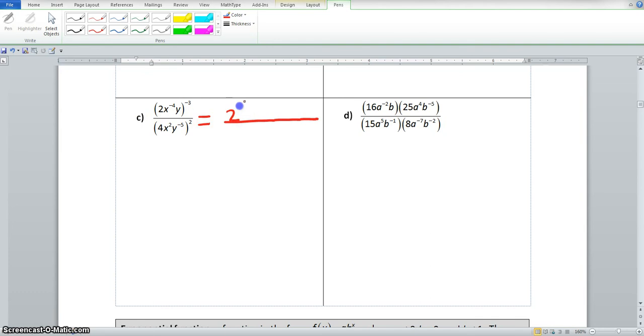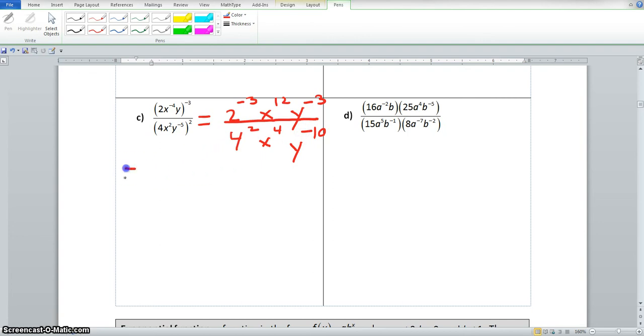We'll just make this 2 to the negative 3. And then x to the negative 4 to the negative 3rd is x to the 12th. And y to the negative 3rd we know is y to the negative 3. Now in our denominator, this will be 4 squared. This will be x to the 4th. And this will be y to the negative 10.